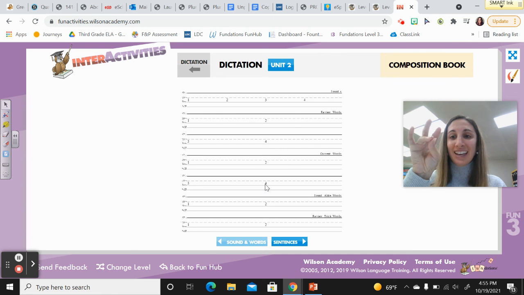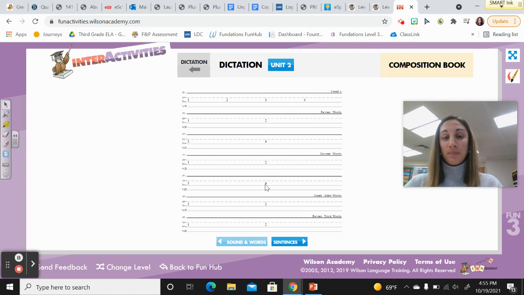S-w-i-ch. Switch. Remember, you're spelling it and marking it. For number 1 with neck, did you get the correct k sound at the end? Think of our rules from Unit 1. For number 2, switch. Did you get the right ch sound at the end? Okay, pause if you need more time.